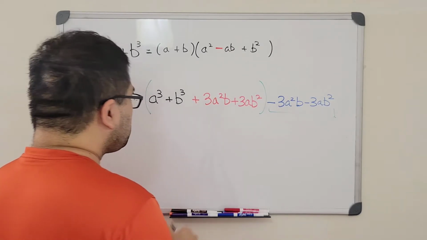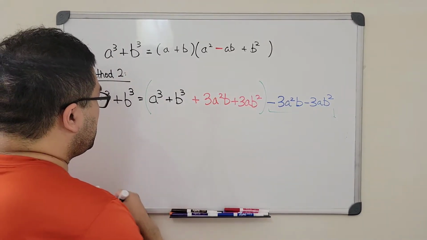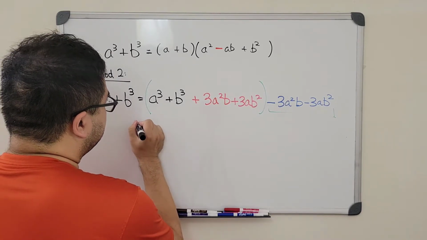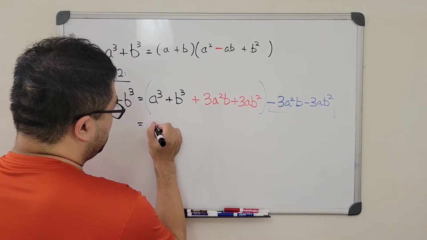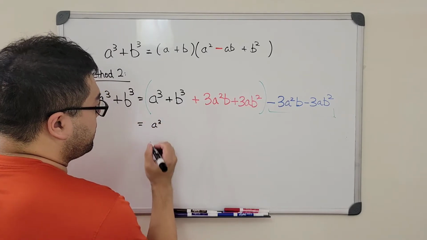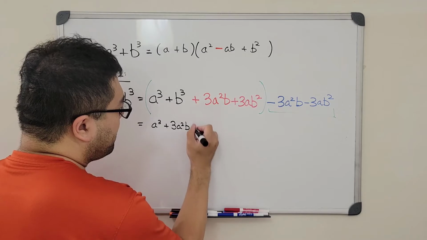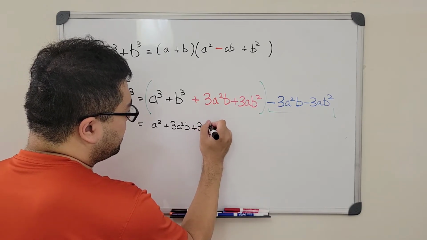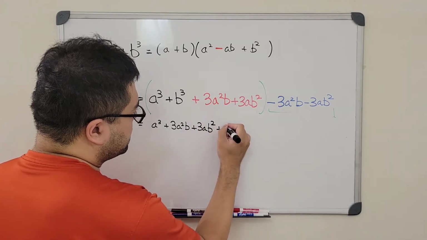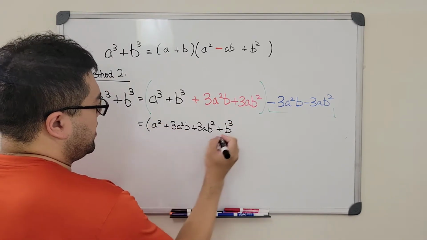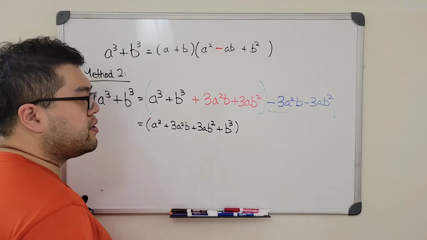So for the positive terms, let's try to rearrange the order of the terms. In this case, we can rewrite as a to the third power plus 3a squared b plus 3ab squared plus b to the third power. And this is our first group.